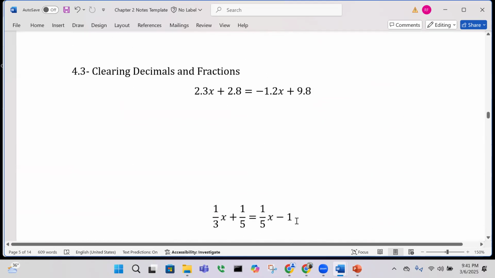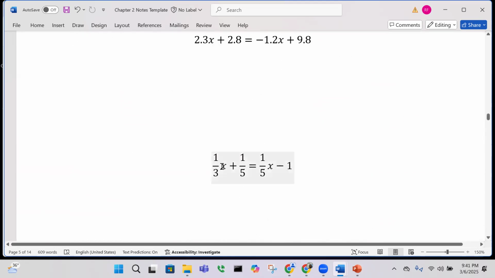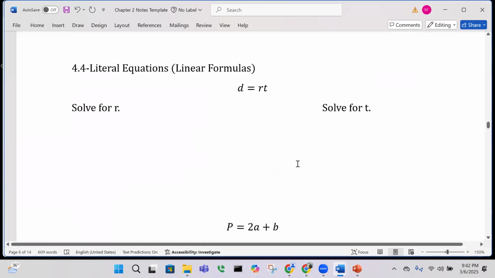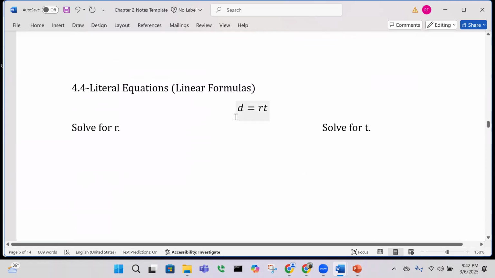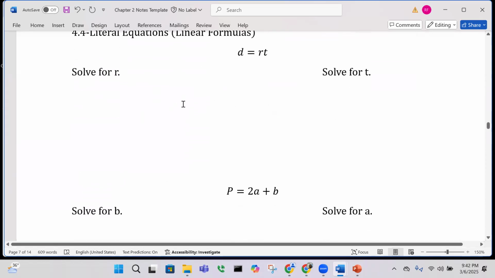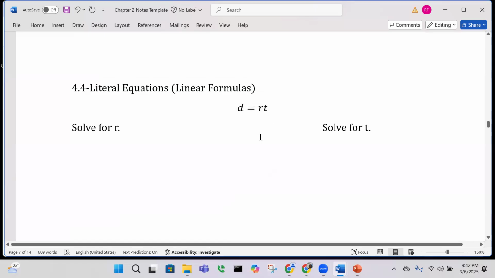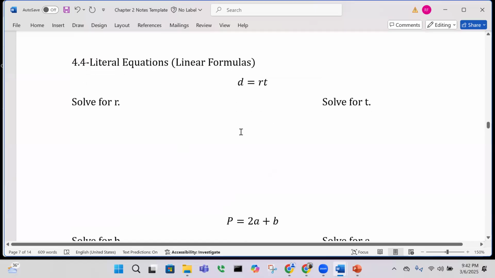Again, doing something like this will cancel the fraction. We did see that multiplying by 15, you're going to get 5x plus 3 equal to 3x minus 15, whatever. We did this system of equations that you could work out. So after what I went over, do these.